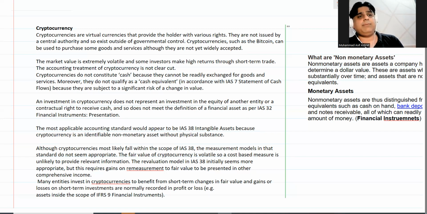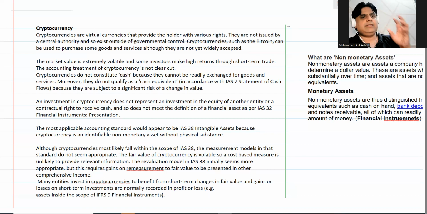And I told you that cryptocurrency such as bitcoin can be used to purchase some goods and services. Not at the country level, but some companies are definitely accepting cryptocurrency as a mode of payment. Then, their market value is quite volatile.